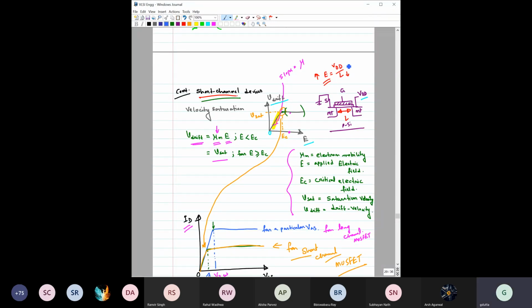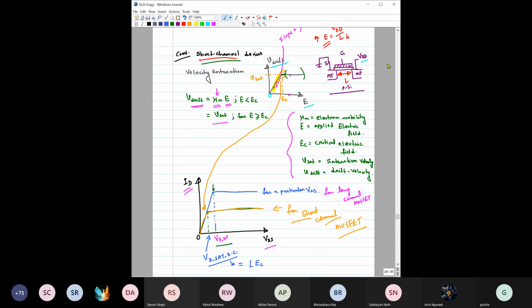See here, this VDD is equal to L times E, right? Am I not doing the same thing here? This is also VDD. VD sat means also VDD, isn't it? Yes. So this is also VDD over L, and this value is EC, right?